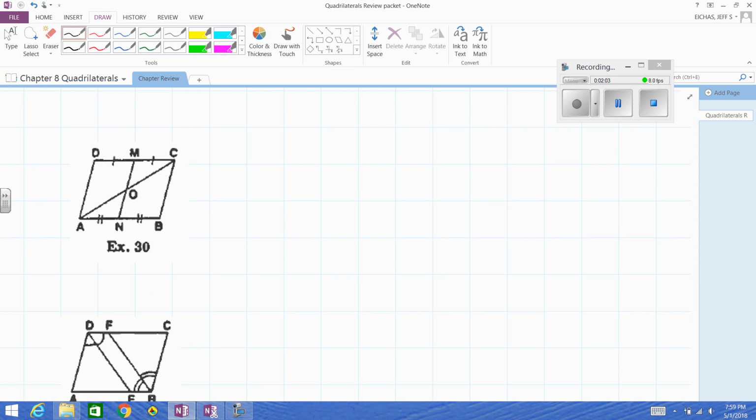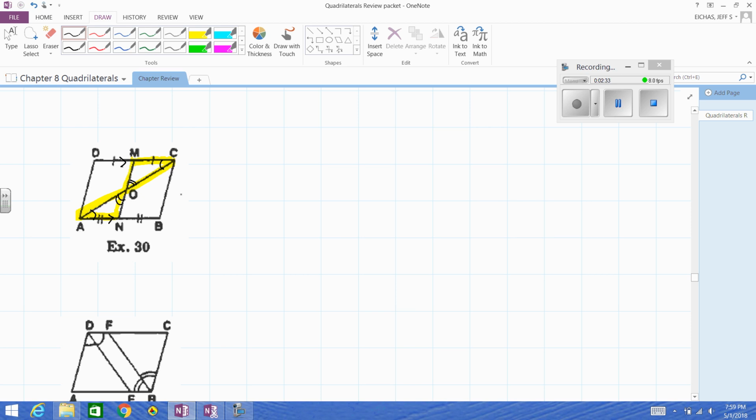Okay, we're given that it's a parallelogram. So, this is one option. We'll get this bow tie going here. What I'm going to get is, these are parallel sides. So that's going to give me this angle here and this angle there by alternate interior angles.